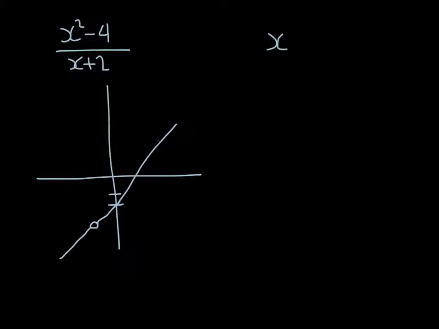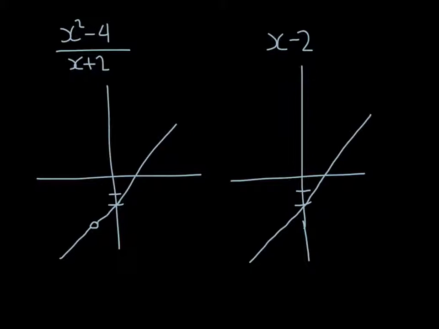Whereas if I were to graph x minus 2, then I would just have a straight line. But besides this point right here, the functions are exactly the same. So when I'm taking limits, as far as I'm concerned, I might as well just be looking at this equation.